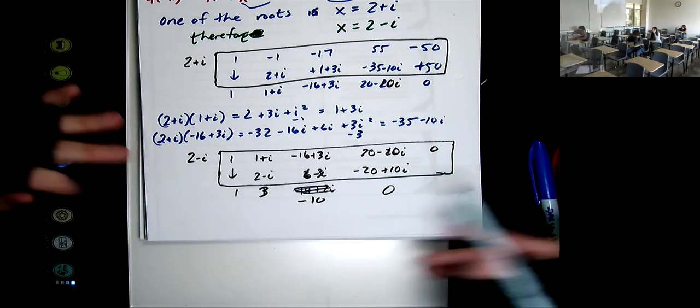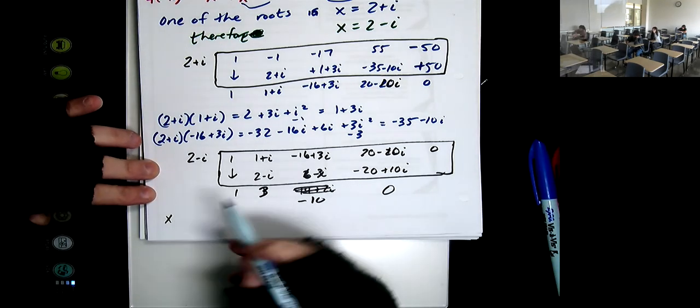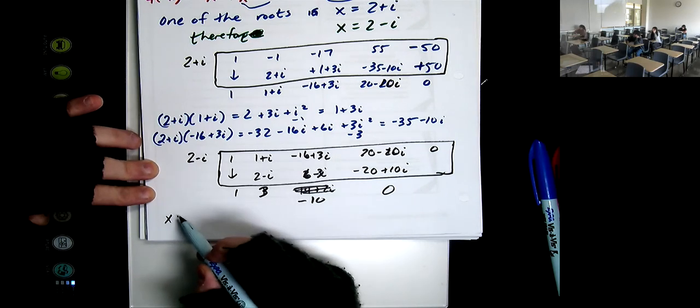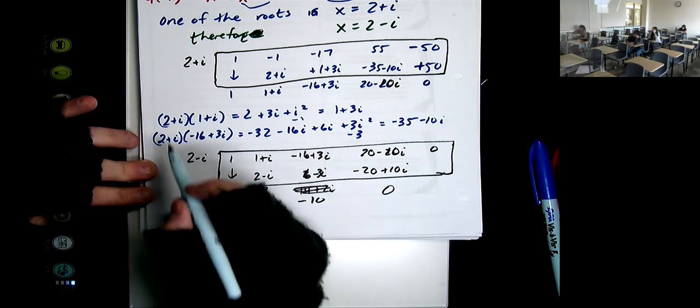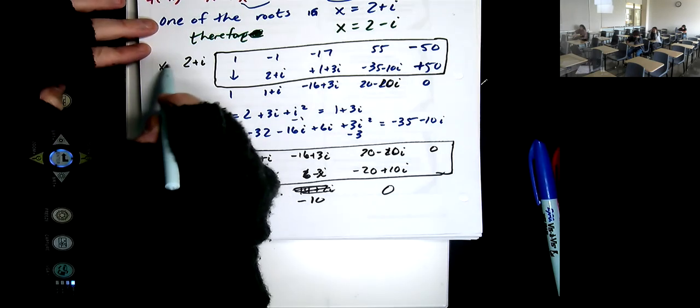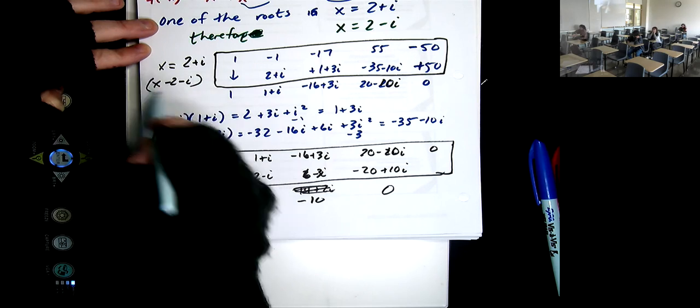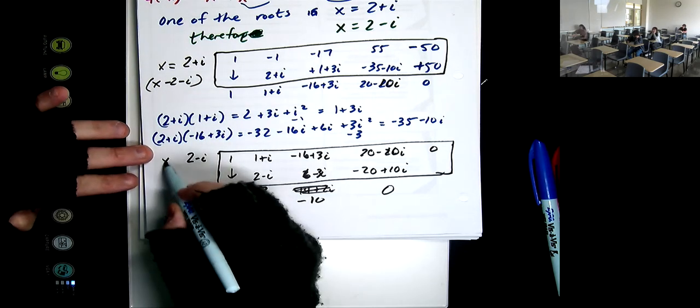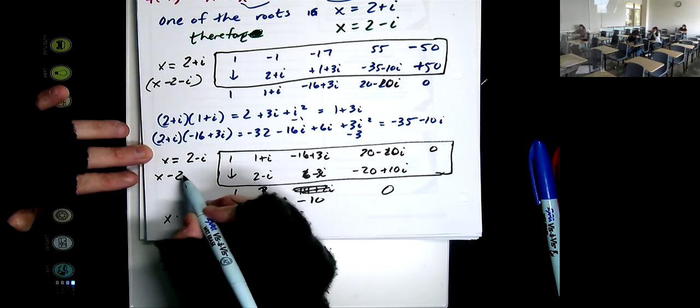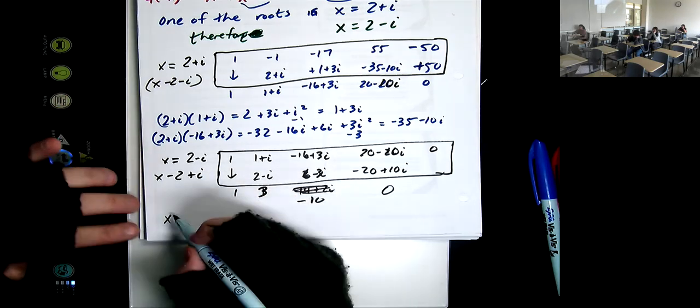That's a fail. All right, so if x equals 2 plus i, then x minus 2 minus i is a factor. And if x equals 2 minus i, then x minus 2 plus i is a factor.